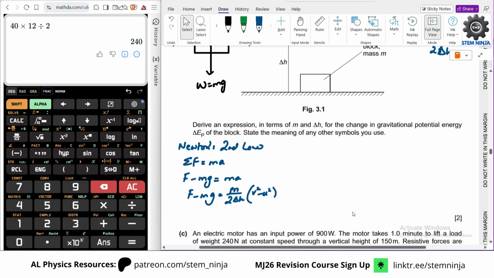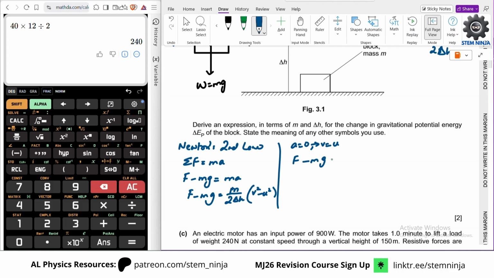Now one thing to notice over here is that since acceleration is 0, that would mean that v is equal to u, so which means that F minus mg equals to 0. Okay, first let's multiply both sides by delta h.